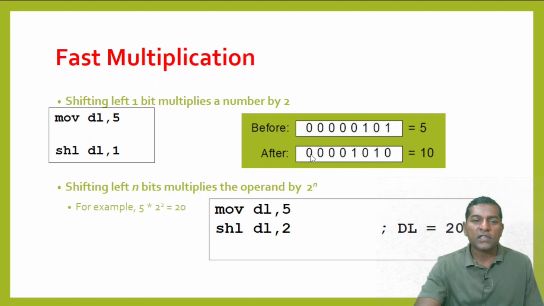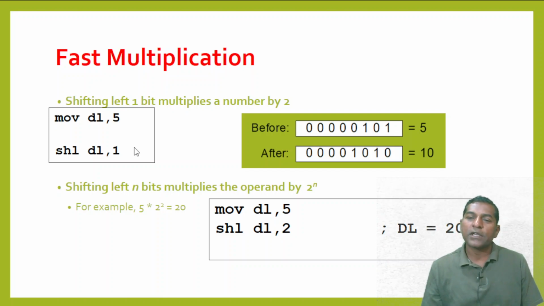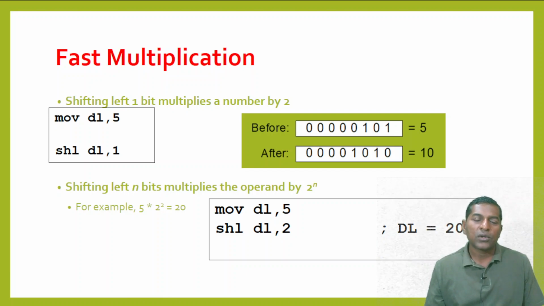After shifting, we'll get 0 0 0 0 1 0 1 0. It means 10. So what we got is the multiplication of the number by using a shift operation. The shift operation allows us to calculate multiplication just by shifting the information. Just by shifting the information left by 1 bit, we get the number multiplied by 2.